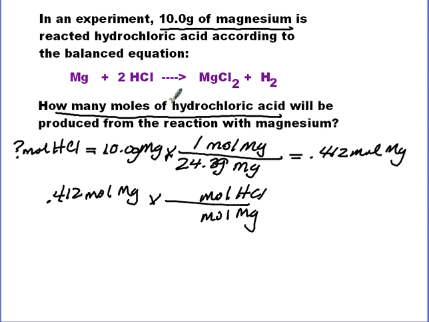Again, I get my numbers from the balanced chemical equation. There's a 2 in front of the hydrochloric acid. There's a 1 in front of the magnesium. And doing this on my calculator, I get 0.824. Whoops, check that. Moles of hydrochloric acid.